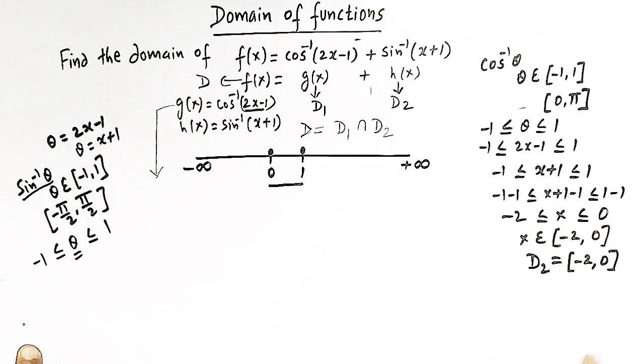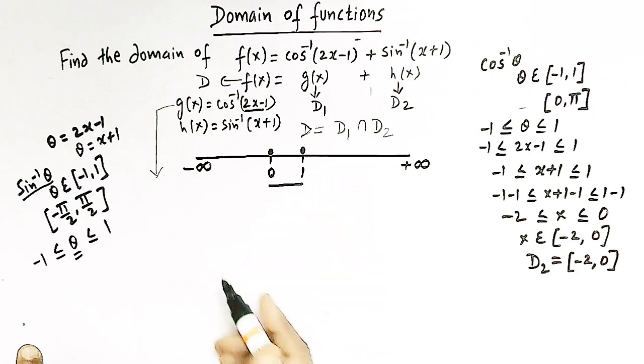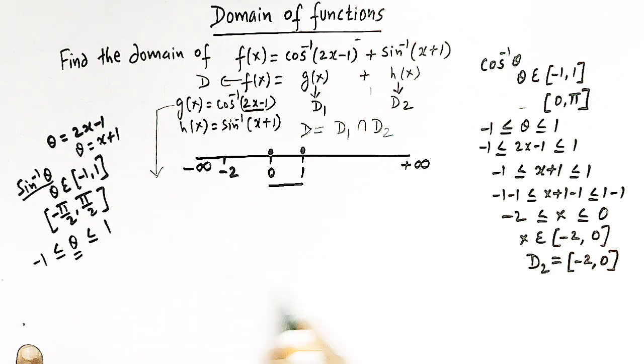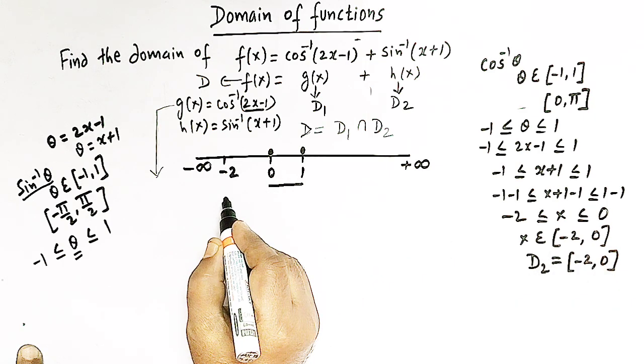Now let us represent this interval on the real number line. Here we have minus 2, and from minus 2 to 0, both minus 2 and 0 are included.